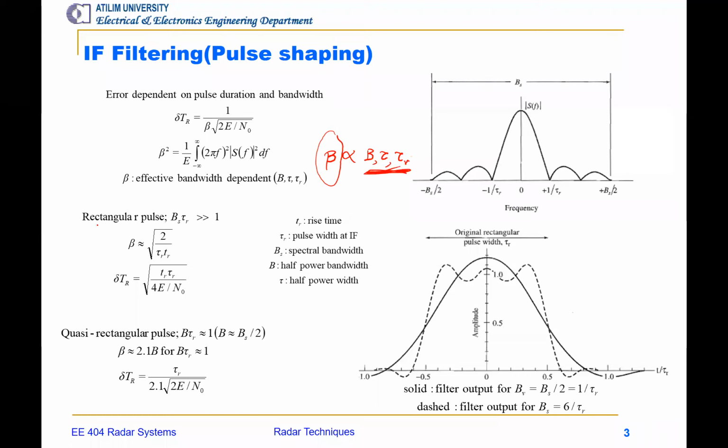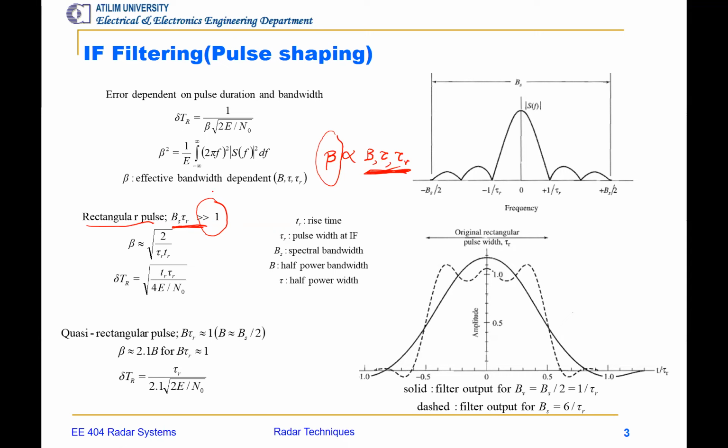For a rectangular pulse, let's take the case where B_S, which is the spectral bandwidth of the IF stage, times tau_r, which is the pulse width at IF stage, is much greater than 1. So this is perfectly rectangular.